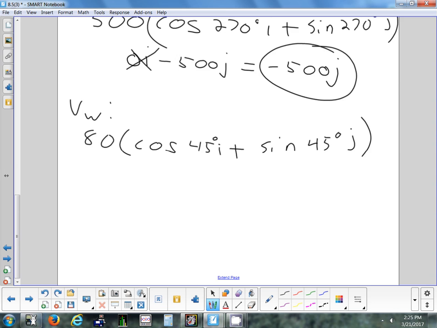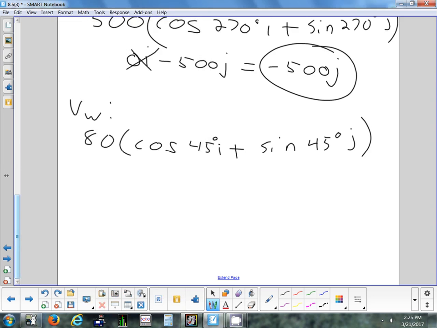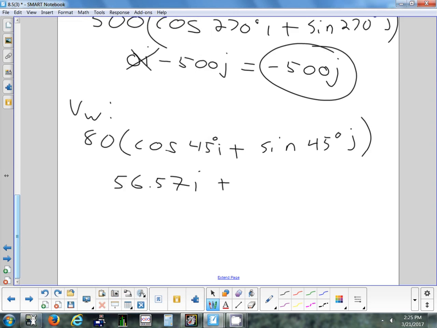So now figure out that, and then we'll know the velocity vector for the jet stream. So 80 cosine 45 is 56.57i. So the jet stream is blowing the plane 56 miles per hour east, and it's also blowing the plane a certain amount north. That's 80 sine 45. It's blowing the plane 56.57 miles per hour north.